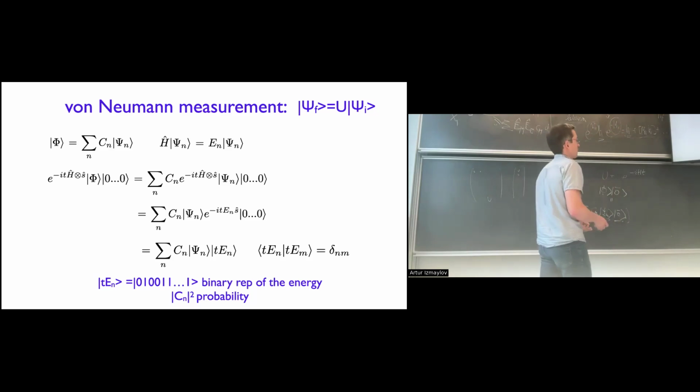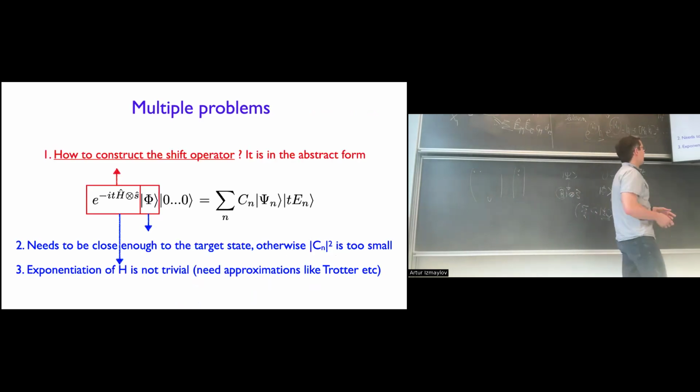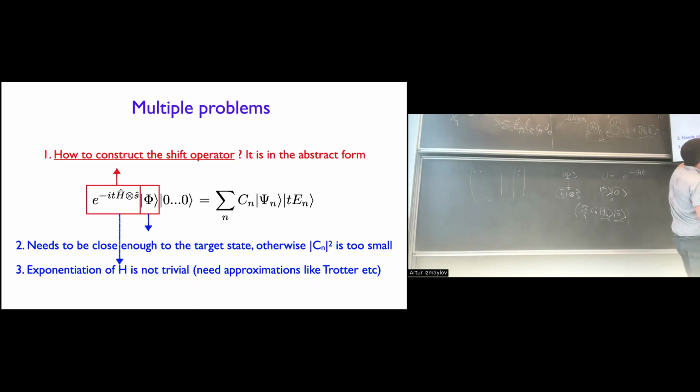It's von Neumann measurement. Now there are issues still, because this magic that I wrote is in an abstract sense. I just wrote what I wanted to do, but the question is, how do I really make such an operator? And there are a few other issues which we address as well. One problem is, of course, the phi needs to have a good overlap with the state of interest.